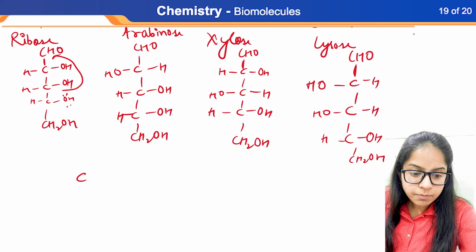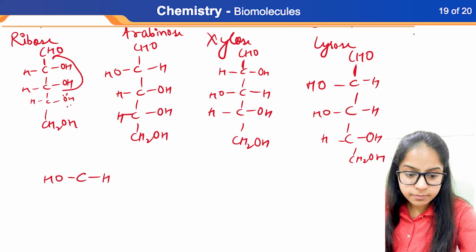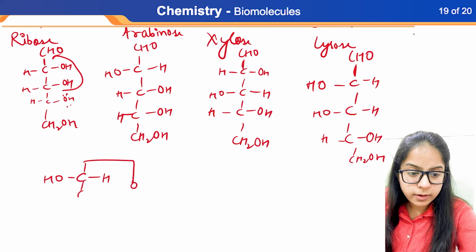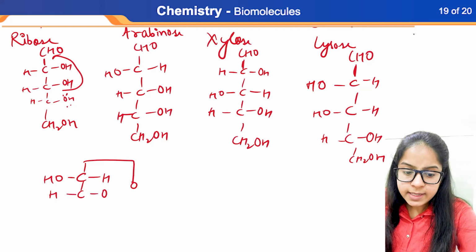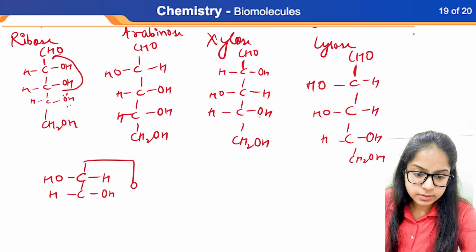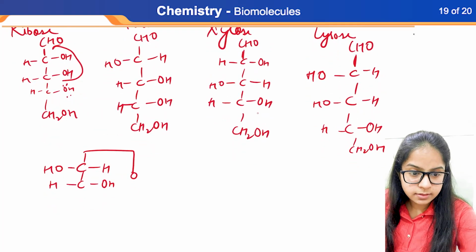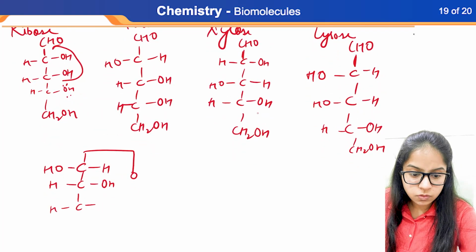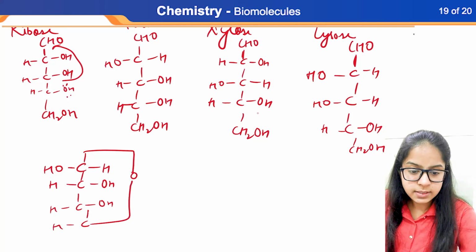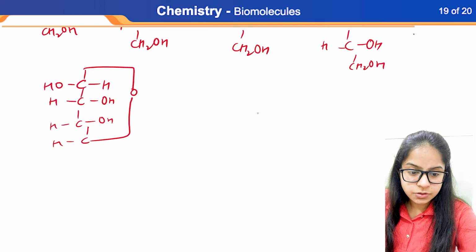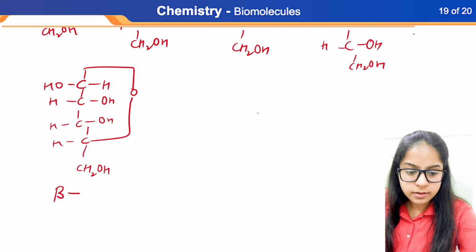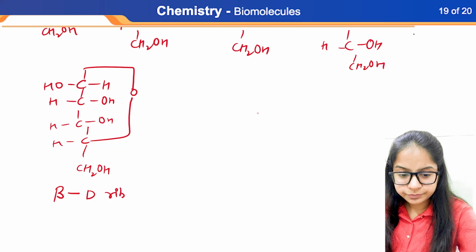Okay, I am putting OH on the left side because I have already shown you regarding this beta structure. Okay, OH, C, H, OH, C, H, here oxygen, CH2, OH. This is beta D ribose.